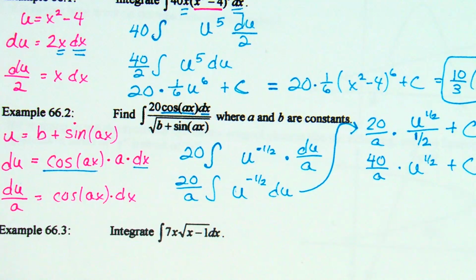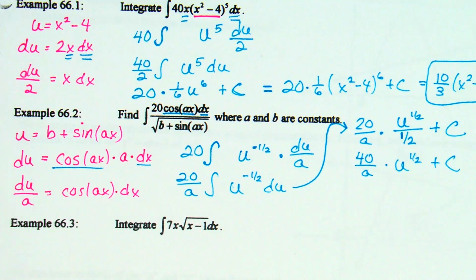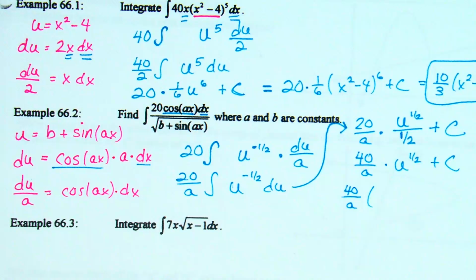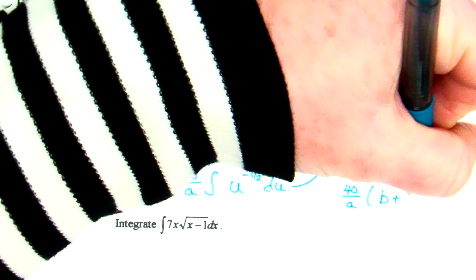And at some point, what do you have to do? Yeah, don't leave your answer in terms of u. My original problem was in terms of x, so my answer should be in terms of x. So 40 over a times b plus sine of ax raised to the 1/2.